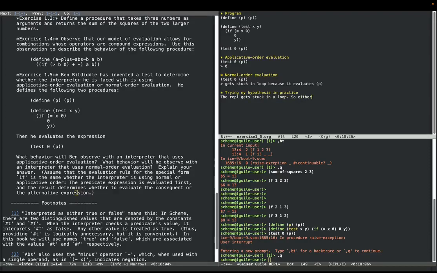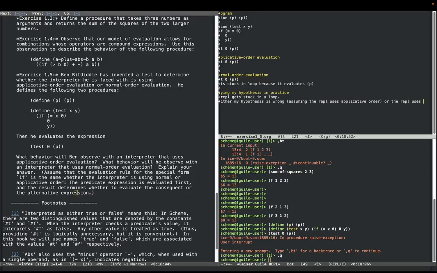So either my hypothesis is wrong, or the REPL uses applicative order, or the REPL uses normal order.